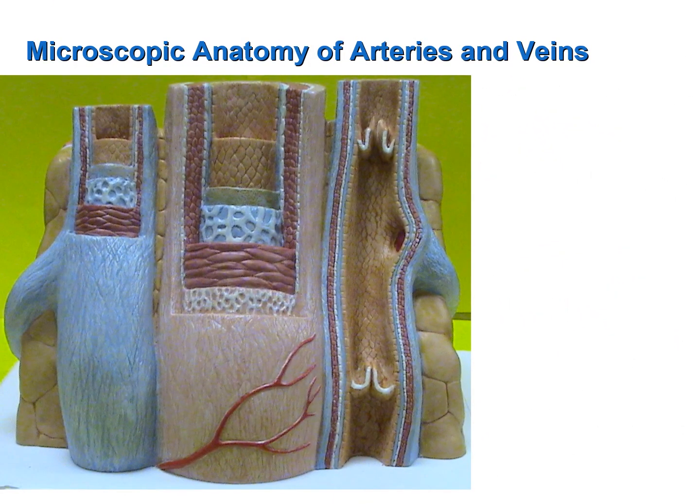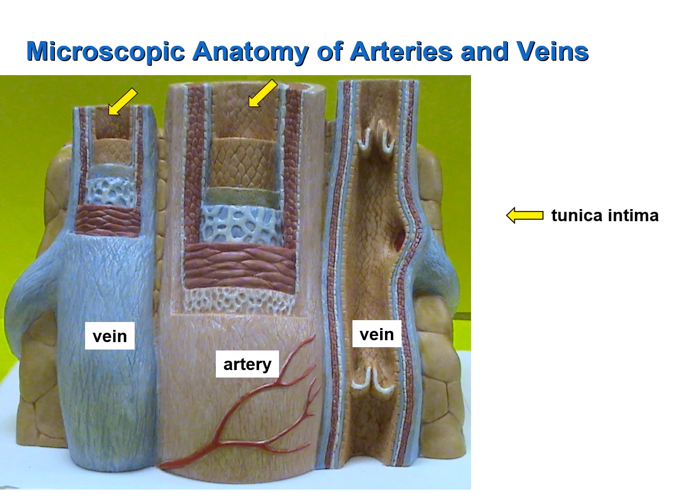After examining the components of the walls of blood vessels on an image, let's move to the model. Here we have an artery in the center flanked by veins on either side, and the walls have been dissected so you can see the various tunics. The innermost tunic is identified with the yellow arrow, the tunica intima.